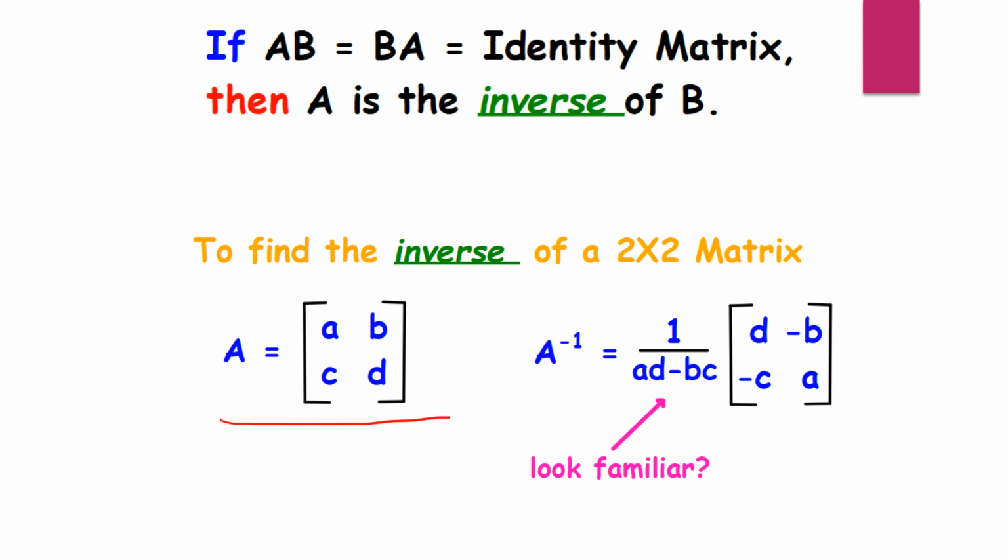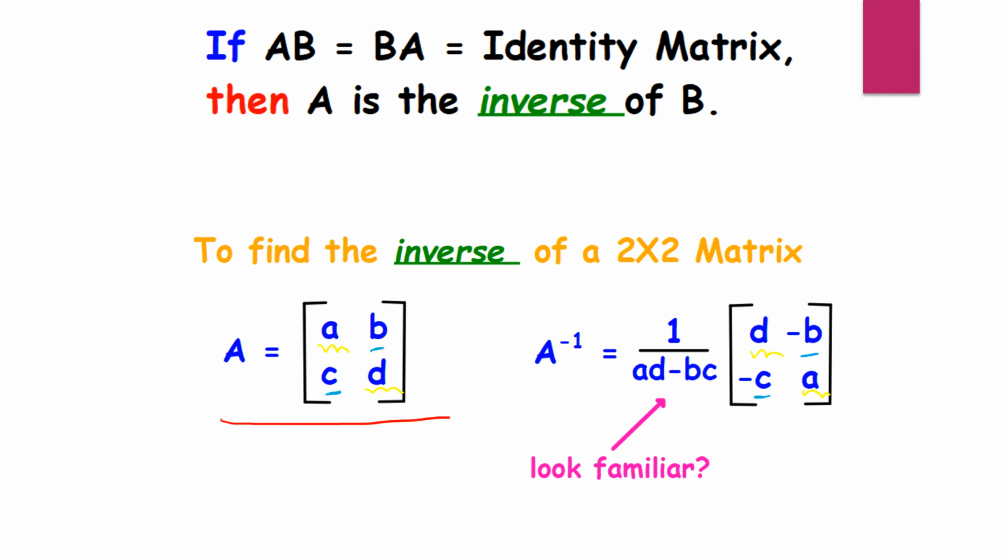So A inverse is 1 over the product of AD minus the product of BC multiplied by the original matrix. But if you notice, the first and last, the A and the D elements have switched places, and the B and the C elements have changed signs.